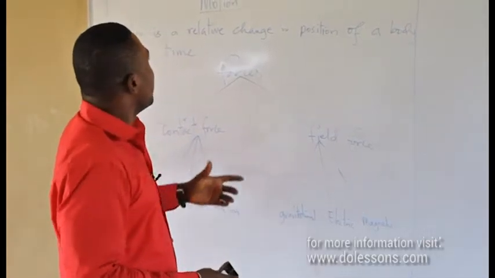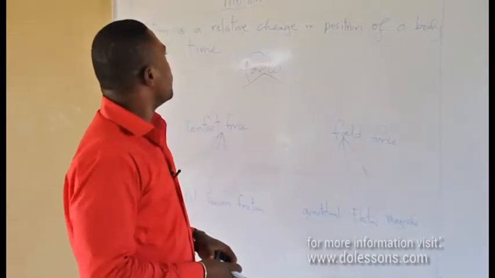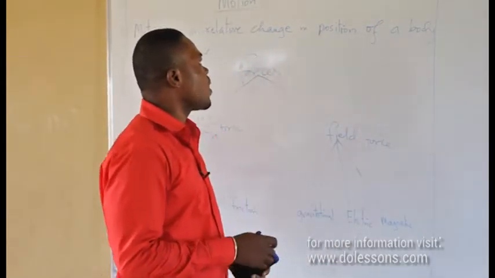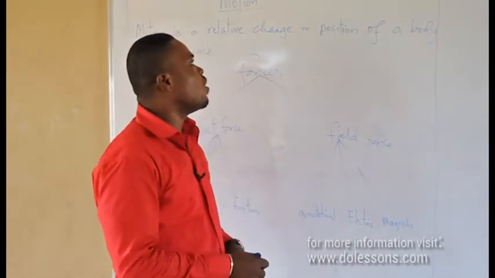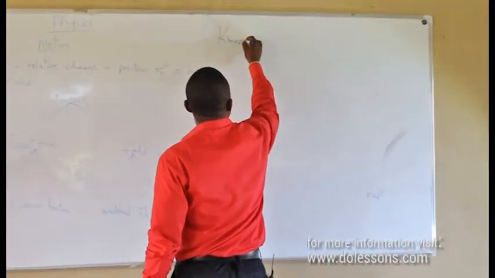Now, in this particular area, motion, we will discuss the motion of a body as it moves without giving regard to what causes the motion. And this branch of physics is what we call kinematics.